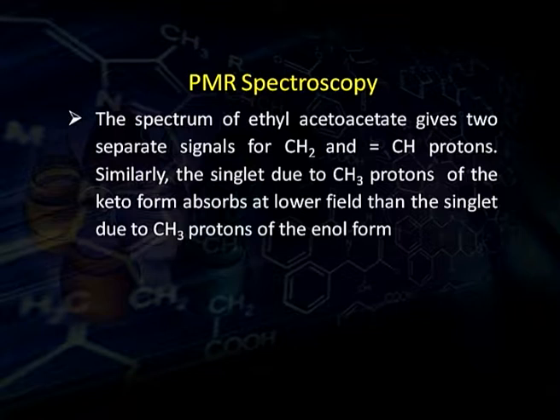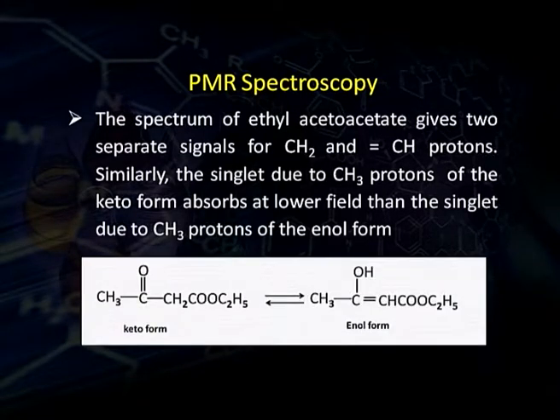Another method used for finding the percentage was PMR spectroscopy. The spectrum of ethyl acetoacetate gives two separate signals for CH2 and double bond CH protons. Similarly, the singlet due to CH3 protons of the keto form absorbs at lower field than the singlet due to the CH3 protons of the enol form, because in the keto form CH3 is attached to the electron withdrawing group.